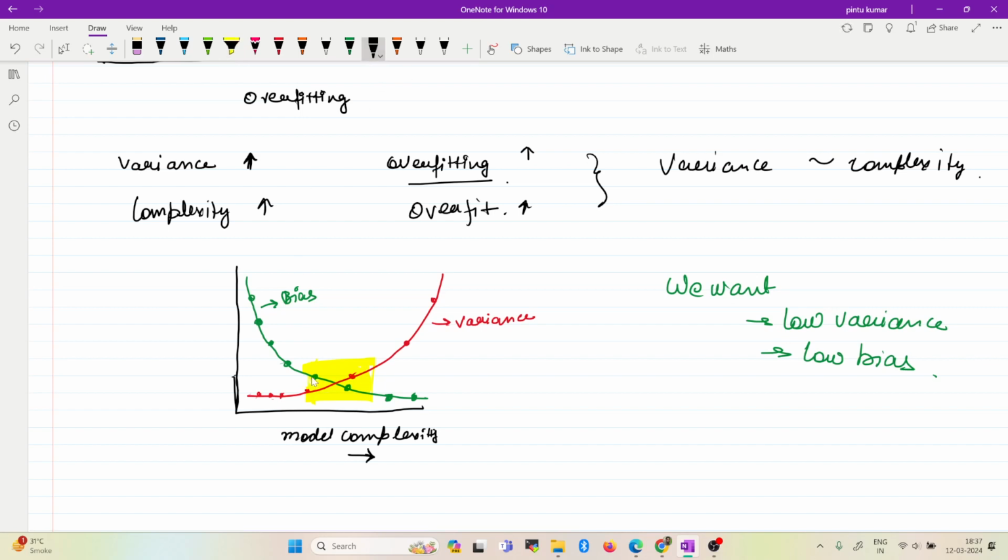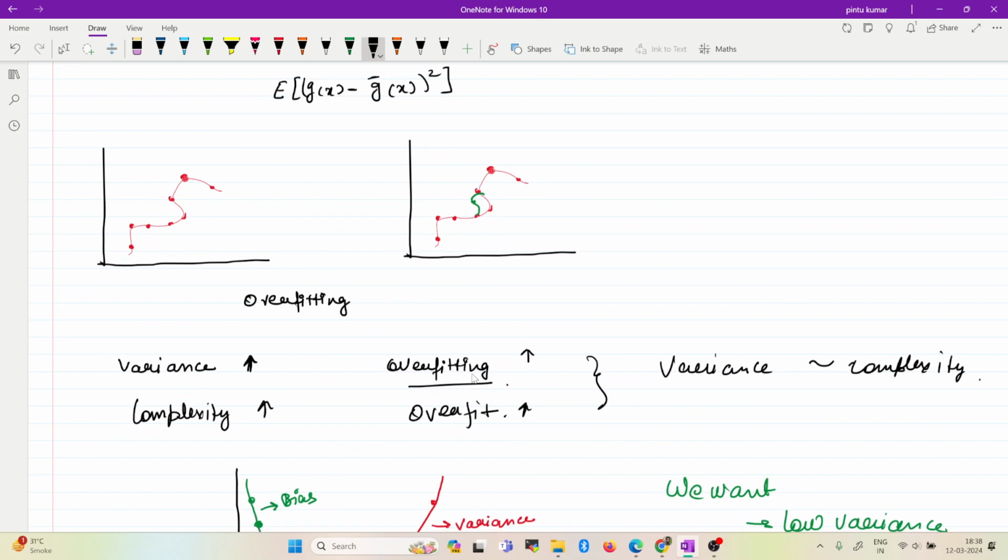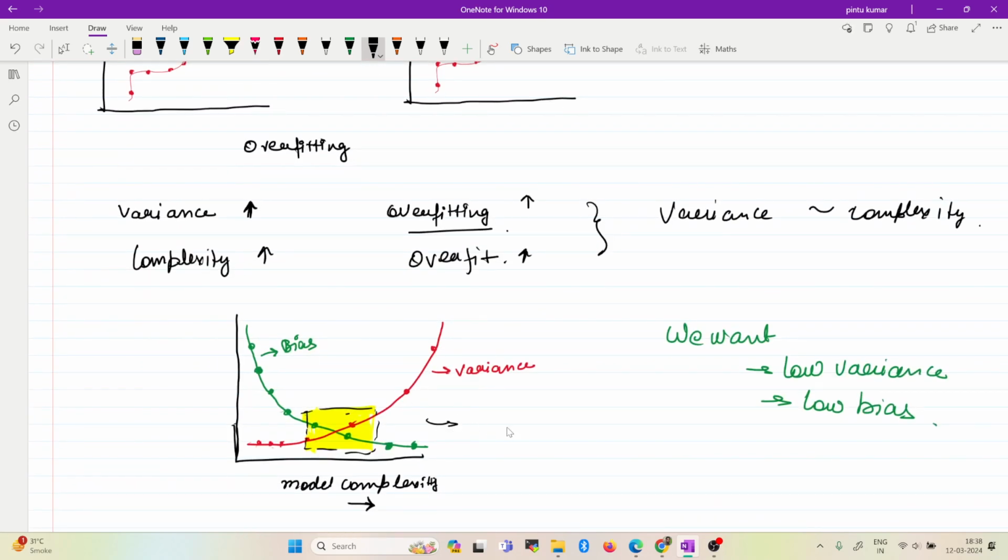How do we obtain this? That is the main goal of regularization. This is the motivation for regularization. We capture this phenomenon of overfitting and underfitting via these two definitions, bias and variance.